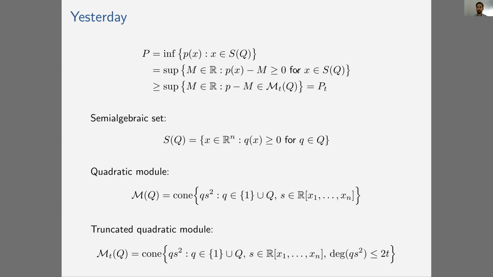And then we said we can see this as the cone of non-negative polynomials, and we can build inner approximating cones, which are these truncated quadratic modules. So instead we require that P minus M lies in this truncated quadratic module. And this turns out to be a semi-definite program, so this is something we can solve on a computer. And then we discussed asymptotic convergence, which follows from Putinar's theorem under some conditions.